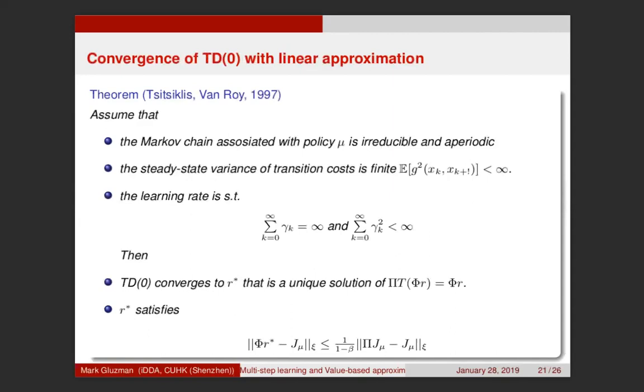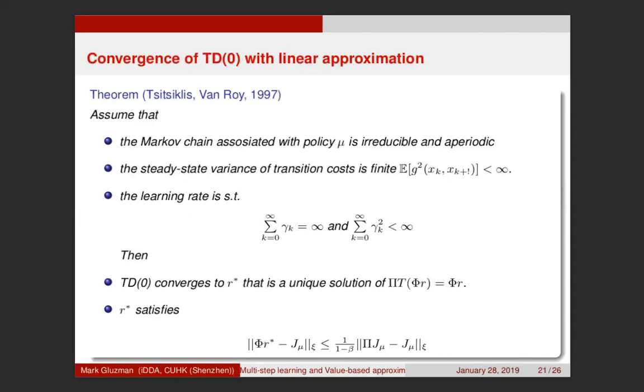You can see that our best estimation, Φ R star, depends on our choice of the subspace, on the difference between the projection of J mu and J mu, and it also depends on the discount factor.